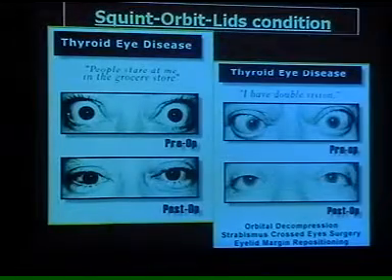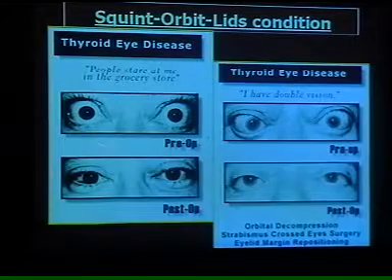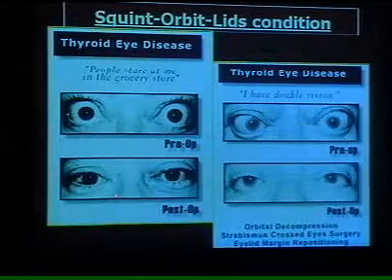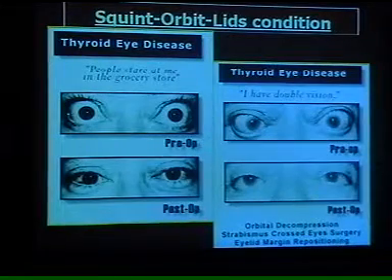Now, this is an example of orbital decompression. You can see the staring, glaring look of the eyeball here, and after decompression and lid plasty, the condition looks a little better.